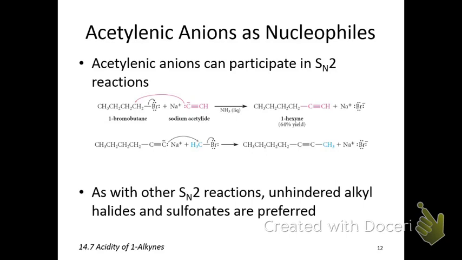And here's a reaction showing the use of a terminal alkyne, in this case acetylene itself, in a reaction with an electrophile to build a bond. And so you see sodium acetylide, the anion of acetylene, reacting with 1-bromobutane to give a new compound, 1-hexyne.